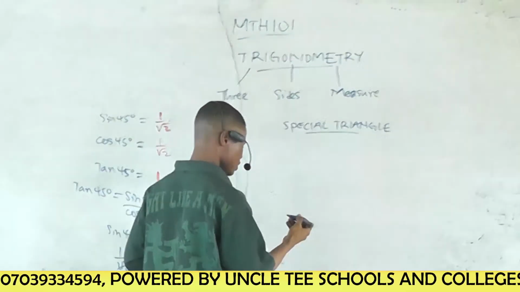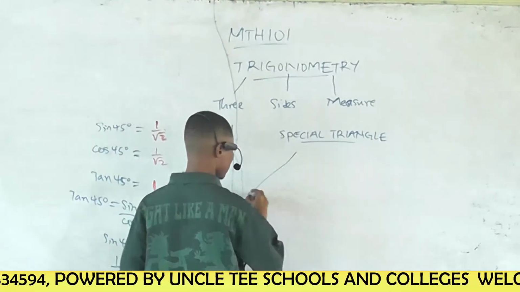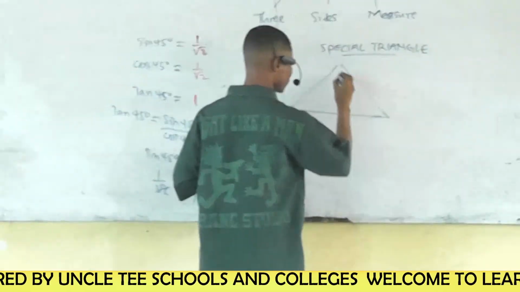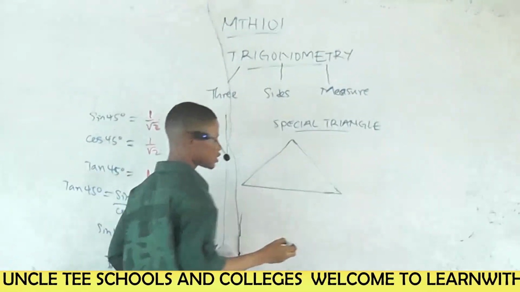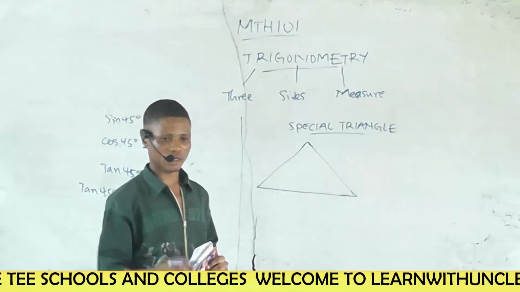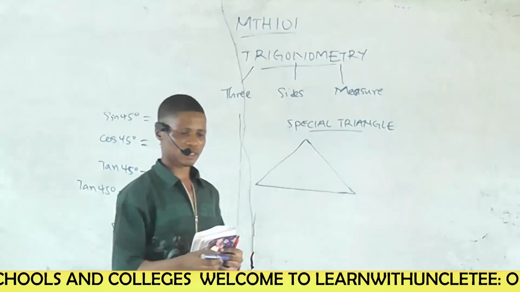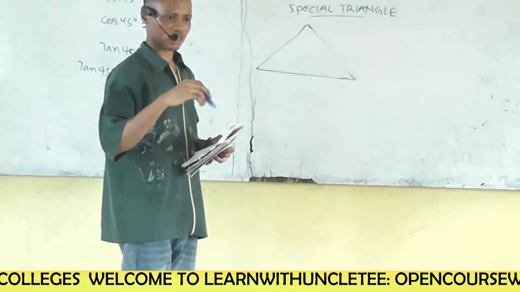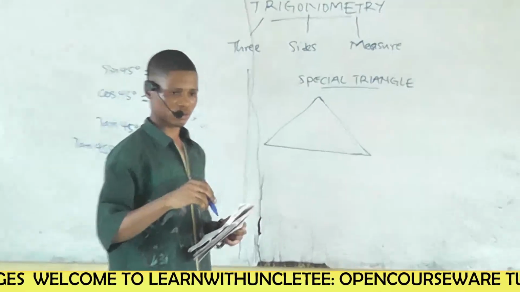Now, let's consider an equilateral triangle. Equilateral triangle, all sides are equal. Once all sides are equal, each angle in that triangle is also what? Equal.